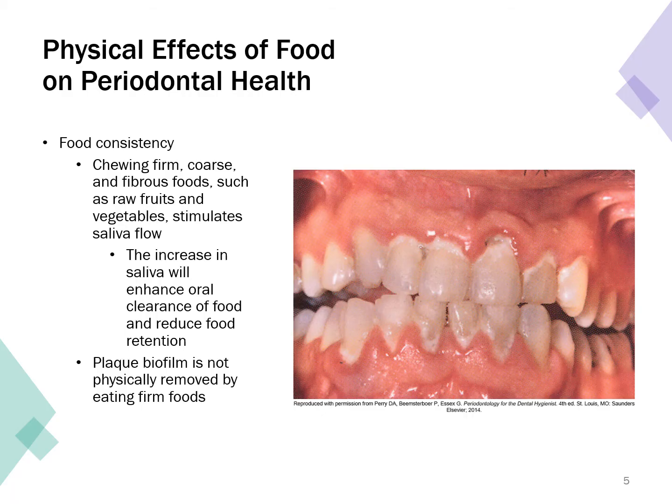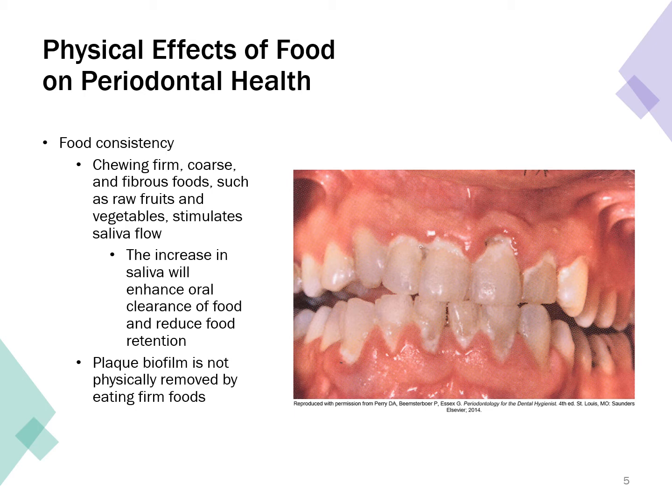The consistency of our food is also going to play a role in our periodontal health, and it's less about pH and all of that. It's more about how sticky and retentive the food is. Chewing very firm, coarse, and fibrous foods like raw vegetables and fruits is going to stimulate saliva.